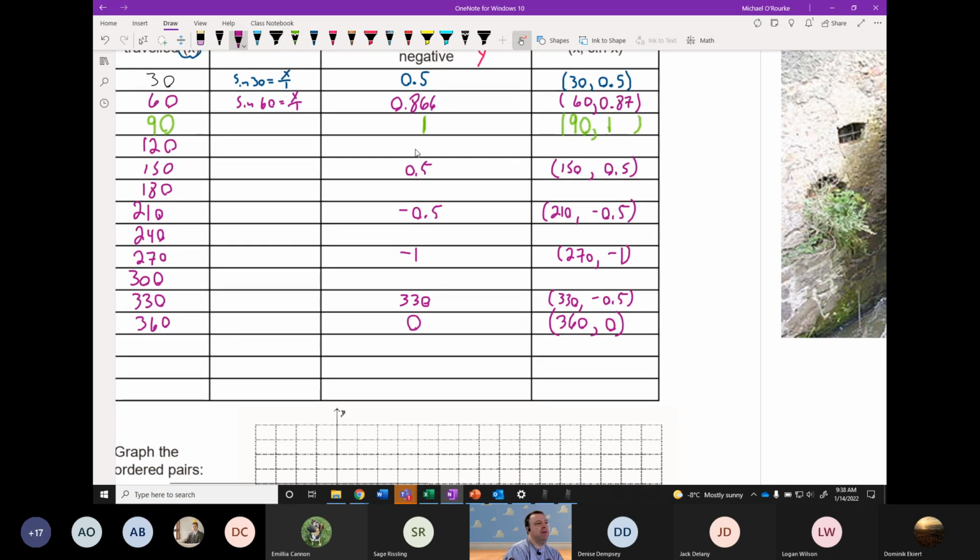Actually, let's do 120 first. Someone do 120 for me. What do you get for that? Good, so 120, 0.8, I'm going to round to 7.